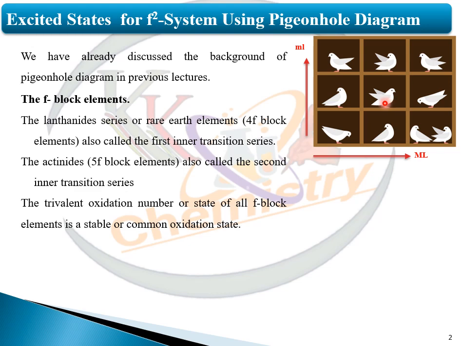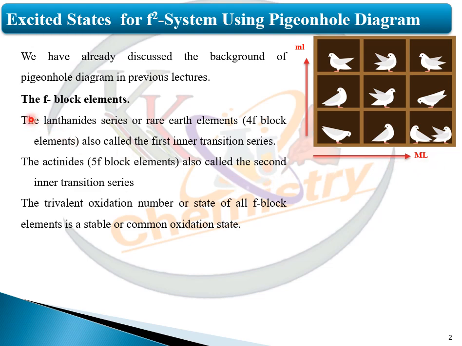Just like pigeons, we can place electrons in different microstates, or you can say energy levels, by keeping their small ml value, the magnetic component of L, and the resultant ML value horizontally.